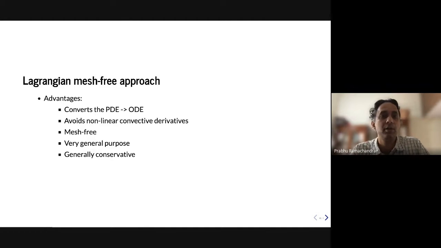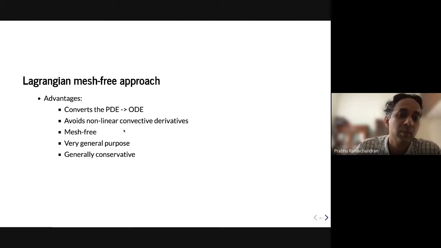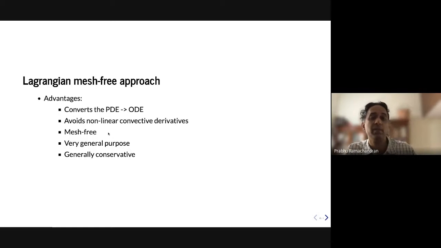It avoids the nonlinear convective derivatives that I had explained before. It is mesh-free, so you do not need to create a mesh that is boundary conforming and things like that. You do need to create particles, but you do not need the connectivity information, and that's a big aspect, and a big win for these methods.